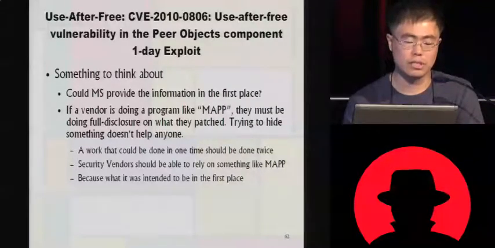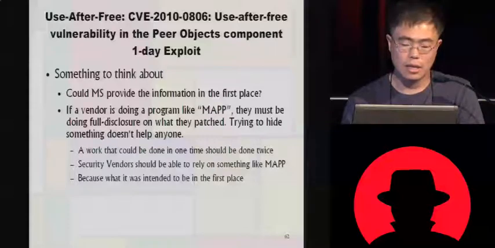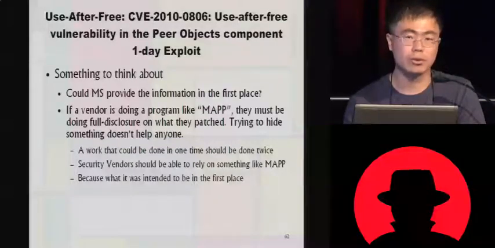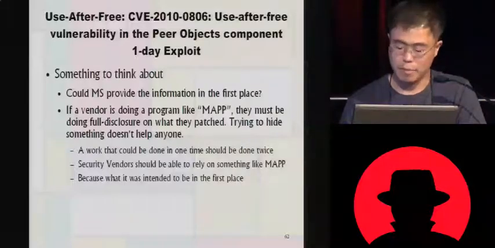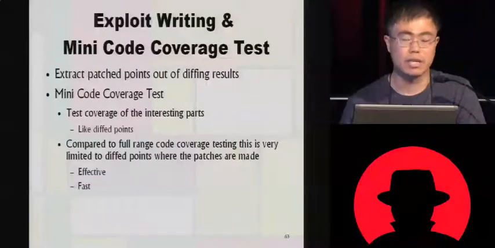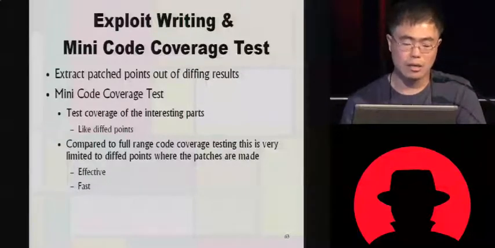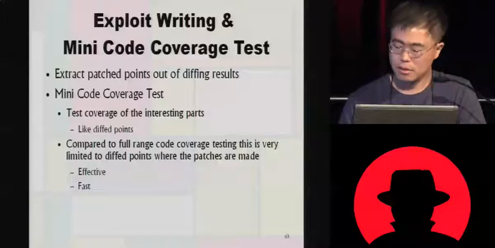I don't know if it's intentional or something, but they have a program called MAPP that is very cool, but it looks like they are missing information, maybe by mistake or intentionally. So this makes MAPP very unreliable, and it makes problems for security vendors because they need to do binary diffing themselves again.